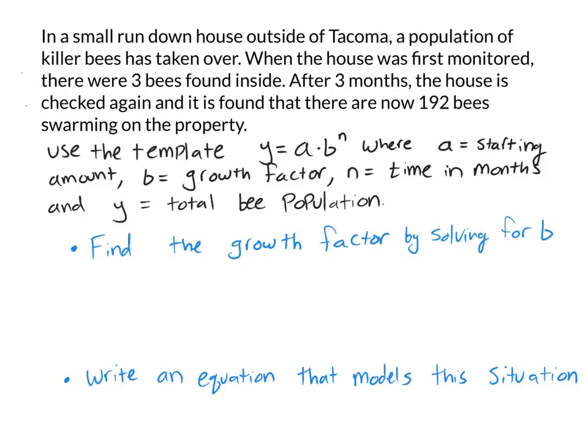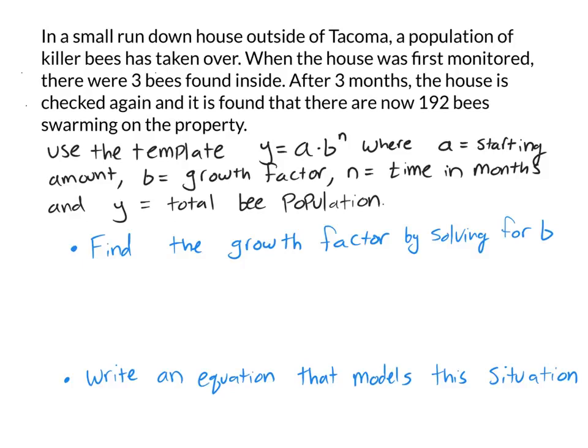After 3 months, the house is checked again, and it's found that there are now 192 bees swarming on the property. Use the template y equals a times b to the n, where a is the starting amount, b is the growth factor, n is the time in months, and y is the total bee population, to find the growth factor for solving for b.